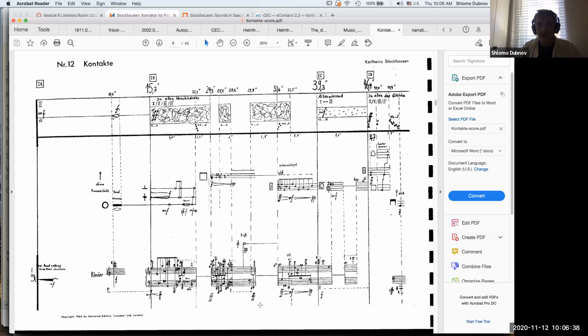Well, it could be pretty annoying, right? To think about music as just a bunch of mathematical operations. But I think we do want to at least keep in mind that this is a possibility.